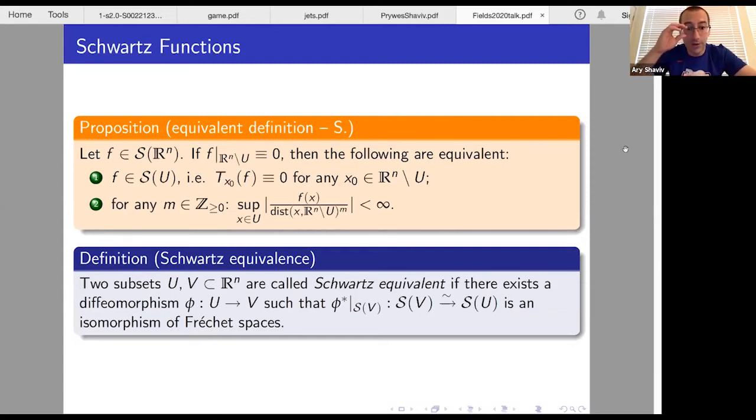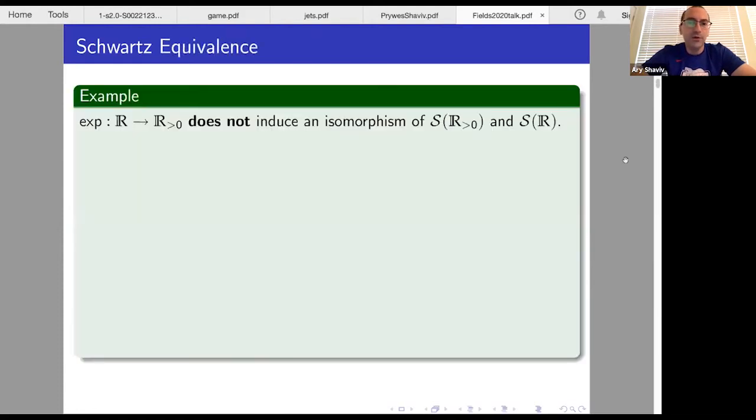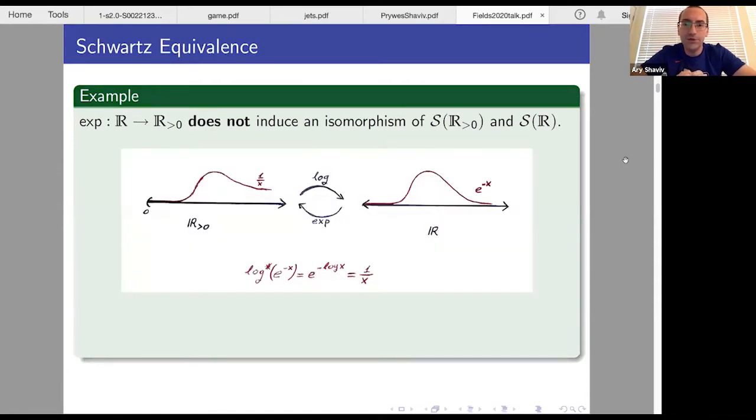Now note that not any C infinity diffeomorphism induces such an isomorphism, right? So let's see an example. If we look at the exponential map from the real line to the positive ray, this does not induce an isomorphism. Why? Because we have this picture. Please look at the right-hand side of this picture.